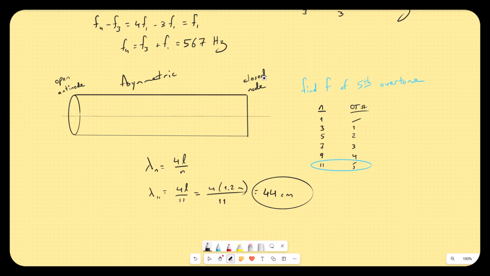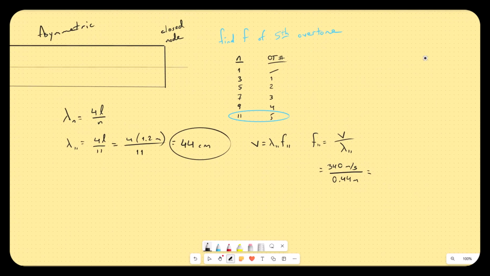I said that I wanted to find F11, so let's do that. My wave speed is lambda 11 times F11, so F11 is wave speed over lambda 11. So I'm going to get 340 meters per second divided by 0.44 meters, and I get that my F11 is 773 hertz.